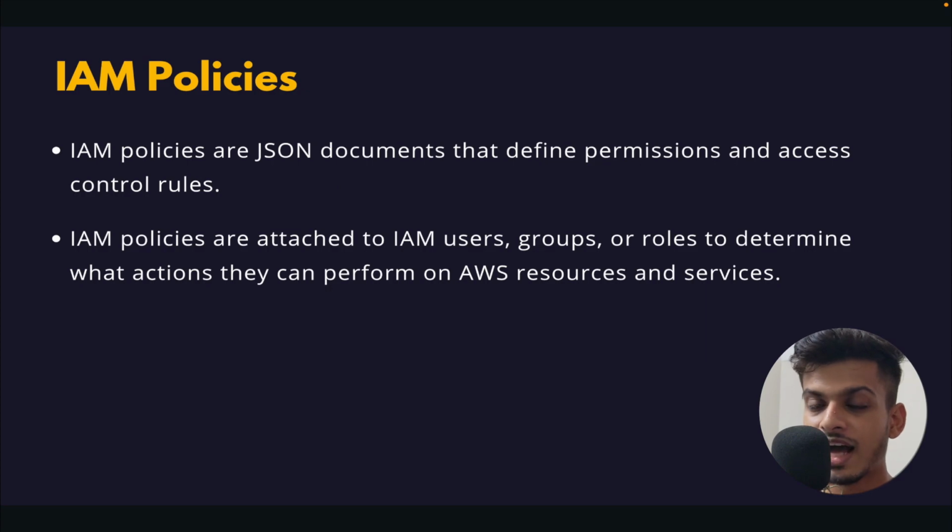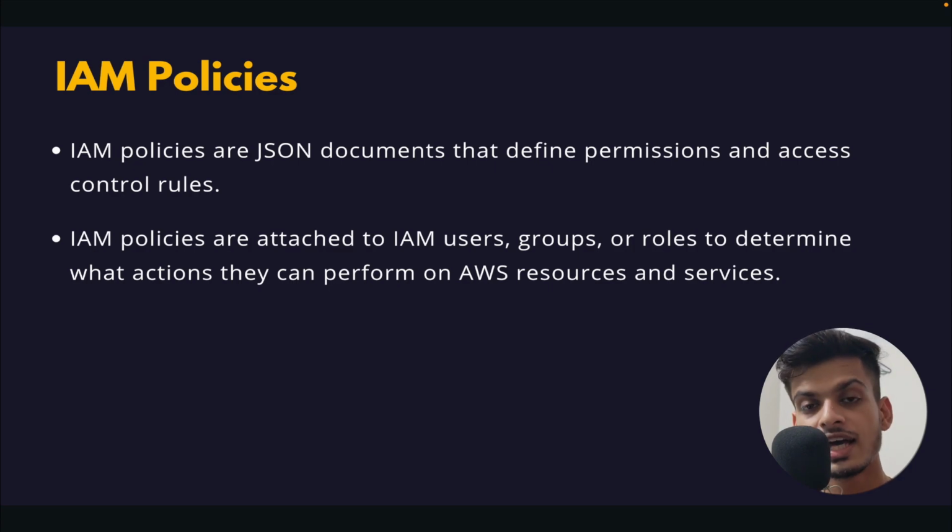And now IAM policies. By now I know that you understand what policies are, because I have been saying that we are attaching permissions or policies to users and groups. Policies or permissions are nothing but access control, like EC2 full access, S3 full access, VPC full access.